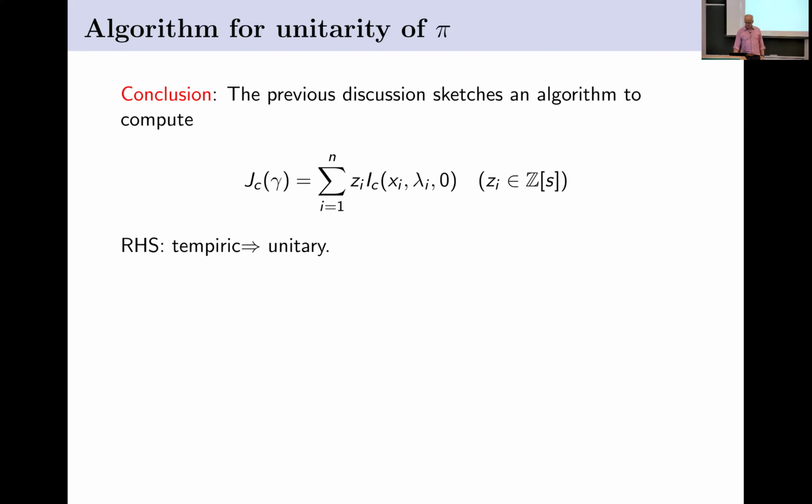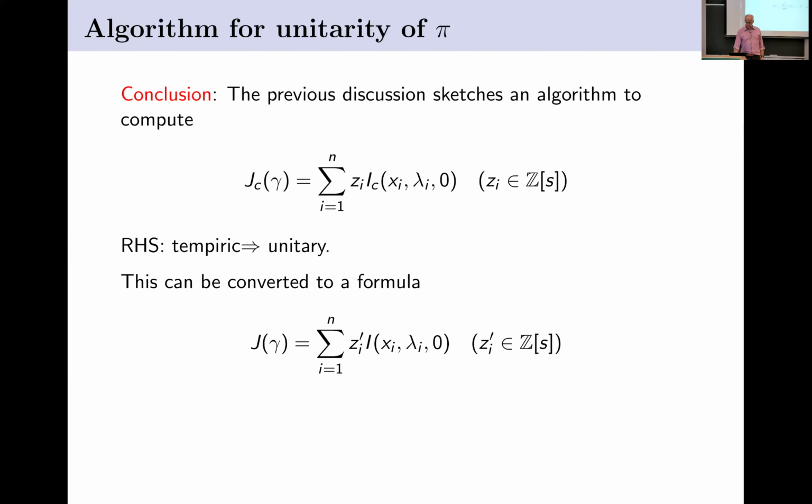Remember, on the right-hand side, they're tempered, so they're unitary. So you can convert this formula to remove the C's. That's a formula for the C forms. This is a formula for the Hermitian forms with some different coefficients. And now, according to David's theorem, the representation is unitary if and only if all of those coefficients have 0 S term, because the S term is telling you about the minus part.